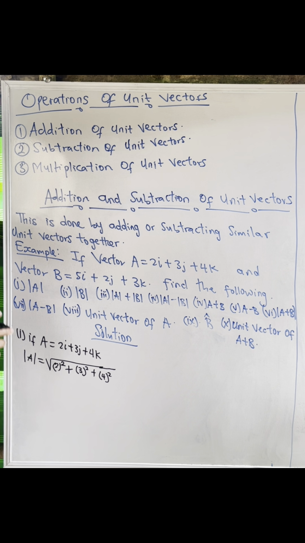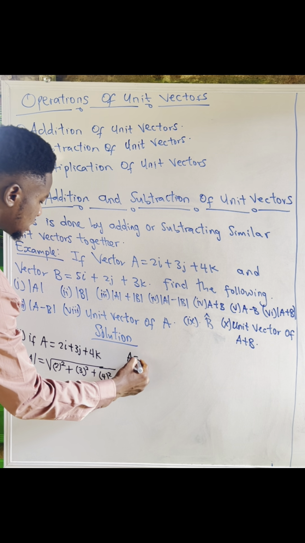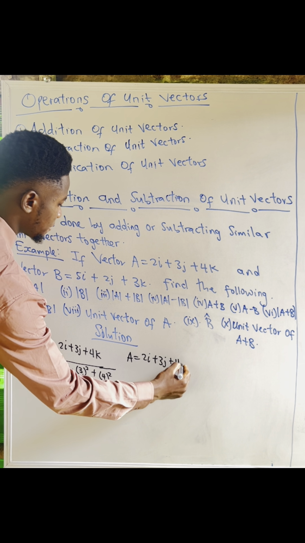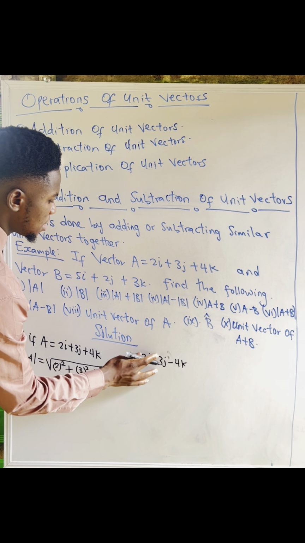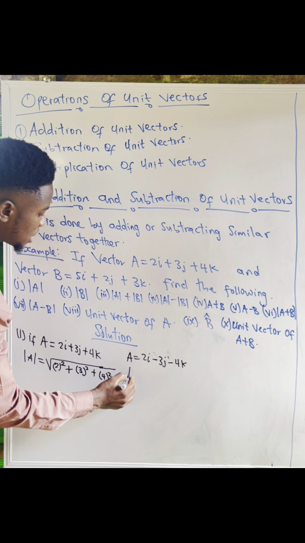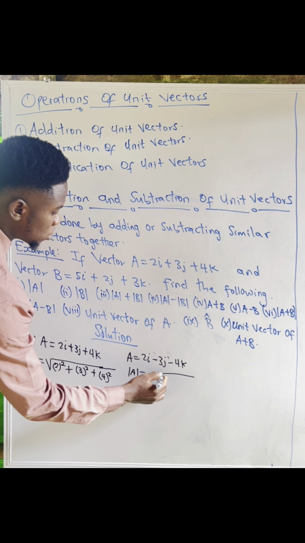So guys, listen. Let's say, just for an example, that vector A was equal to 2i plus 3j plus 4k. Sorry, let me say 2i minus 3j minus 4k, and you are asked to look for the magnitude of vector A. What you're going to do here is take the square root.